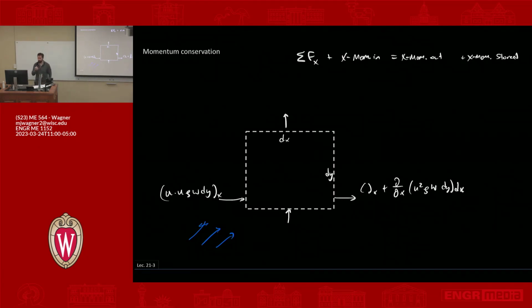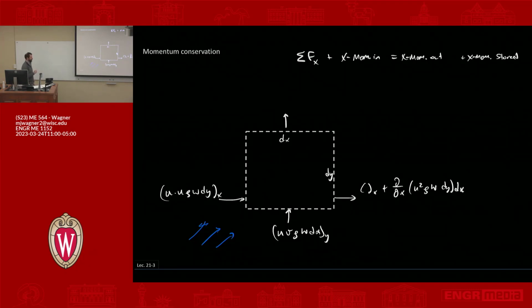But let's think about what the x component of momentum is as it relates to y velocity. That ends up being u, the x velocity, times v, the y velocity, times rho w dx, evaluated at y. So it's the y component of the x momentum.